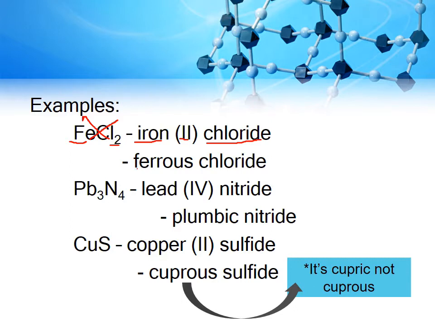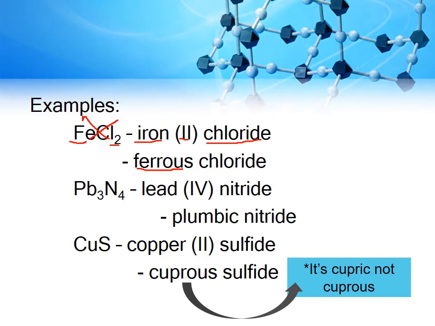Another name of this compound is ferrous chloride. Why ferrous chloride? Since we only have 2 valences for iron, iron positive 2 and iron positive 3, iron positive 2 is lower than iron positive 3. So therefore, we will be using the suffix OUS for the lower oxidation number.